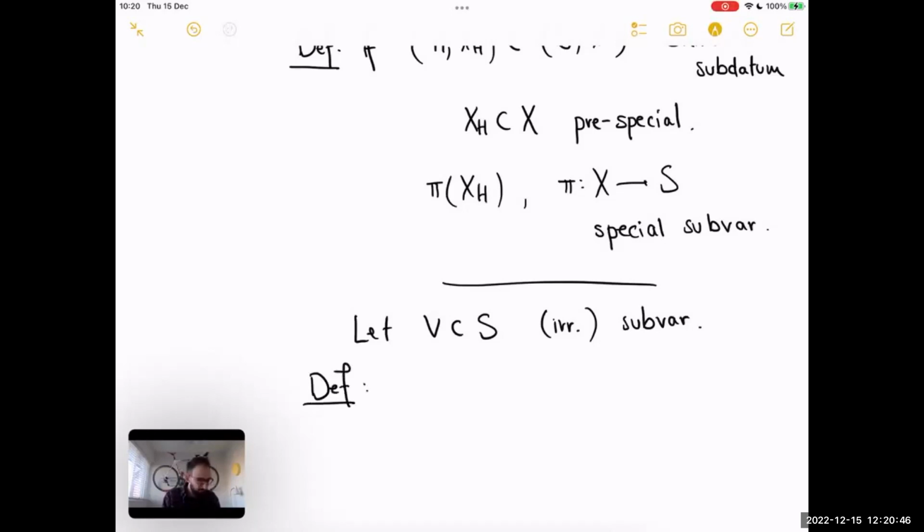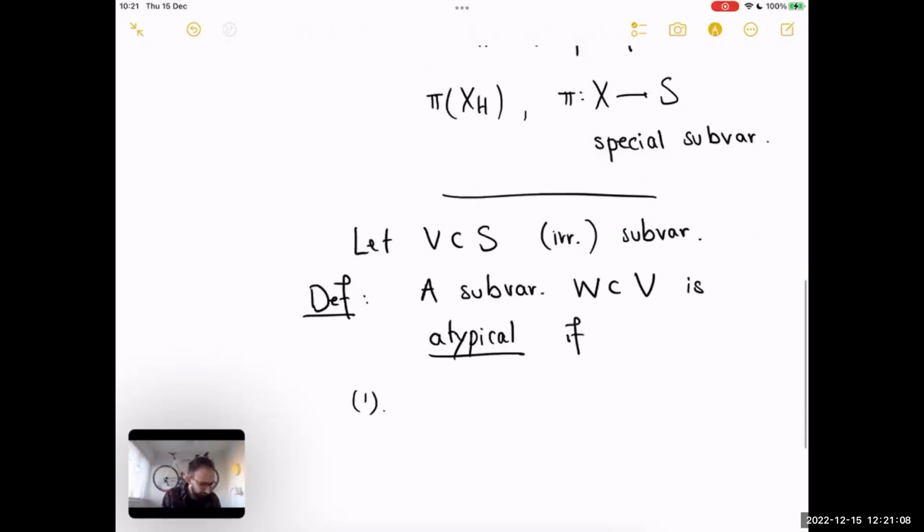Then I want to talk about what are called the atypical subvarieties of V. A subvariety W in V is atypical if two things hold.